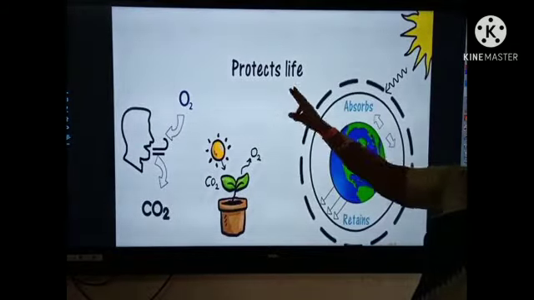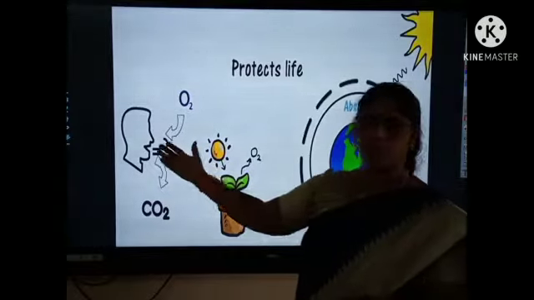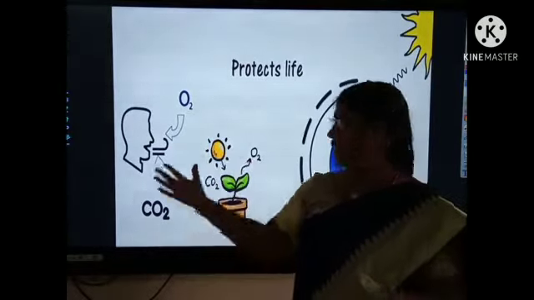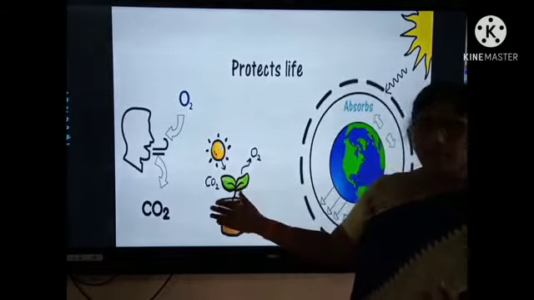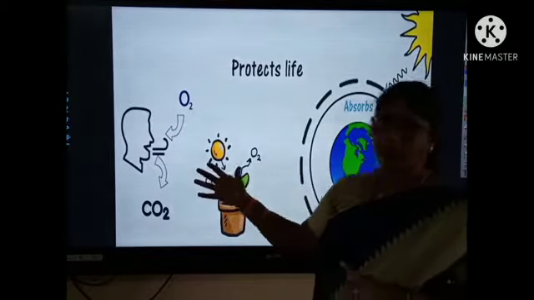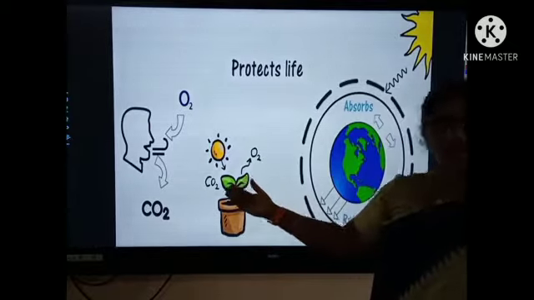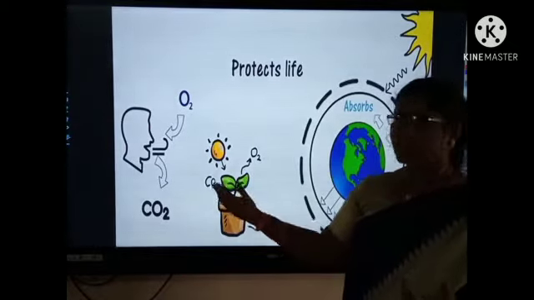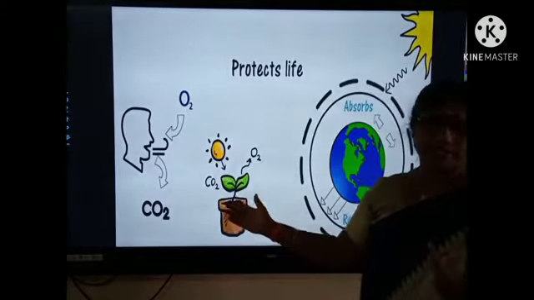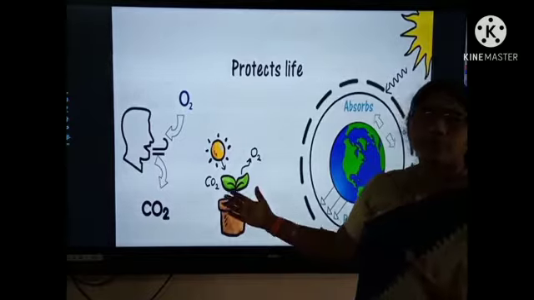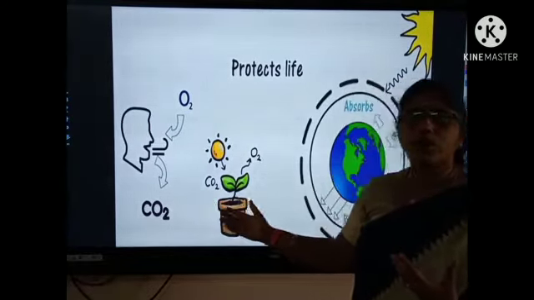Next we will see how the atmosphere protects our life. The atmosphere is a mixture of gases: oxygen, carbon dioxide, dust particles, and water vapor. These are all very important for our life. You already know oxygen, our pranavayu. Carbon dioxide is very important for plants, which produce food by photosynthesis.